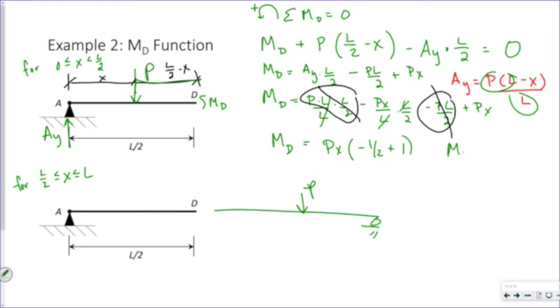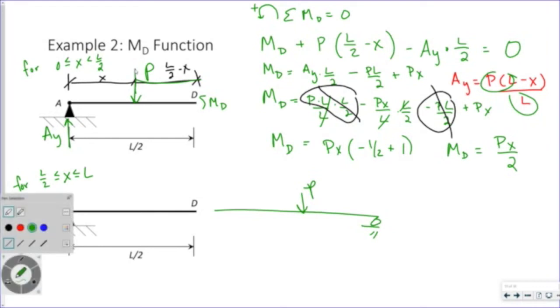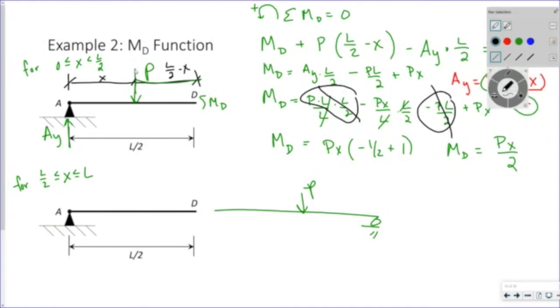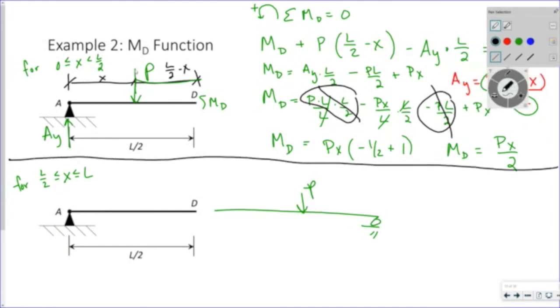My moment at D for the first half is PX over 2. So if my load is anywhere on that first half, I can calculate that moment at D, which is the moment at the center of the beam, by multiplying the location of the load times the load over 2.